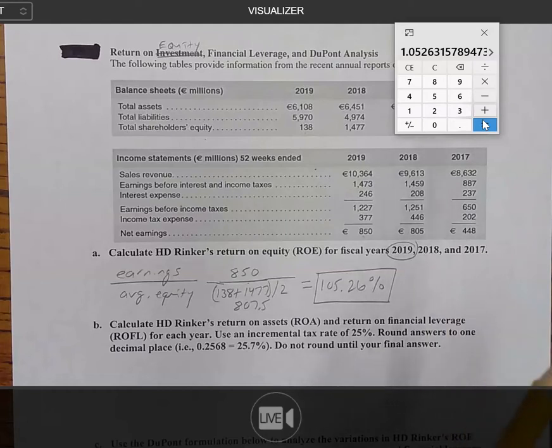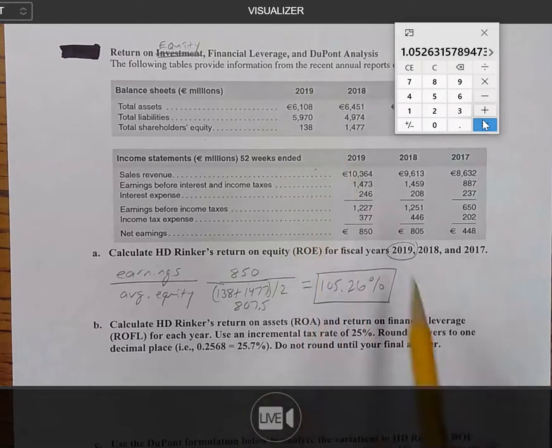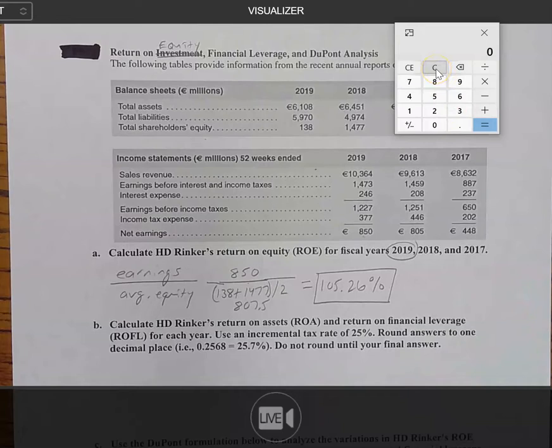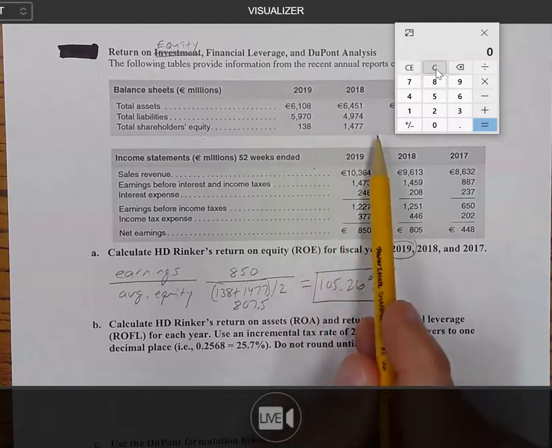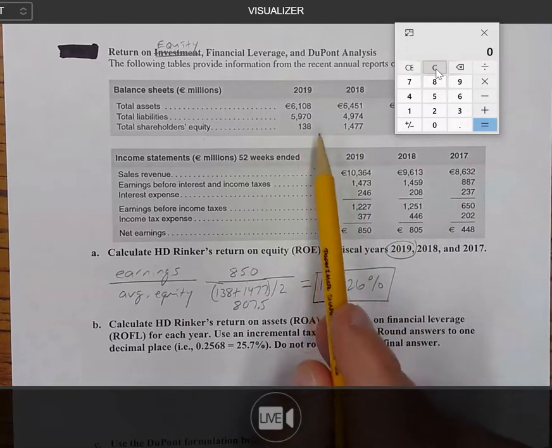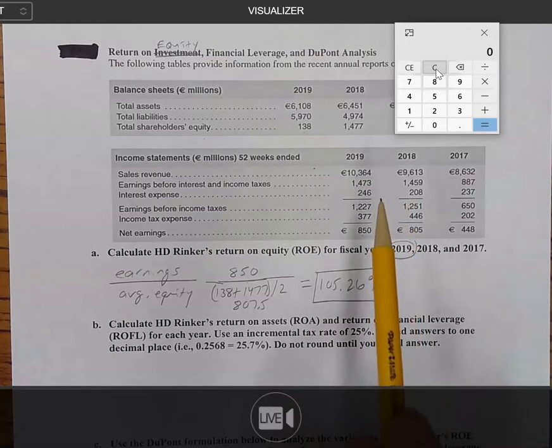But the real reason why this return on equity is so high is because the 2019 equity is really, really low. This can happen sometimes if a company pays out a lot of their earnings in dividends. And so notice the drop in equity from 1477 to 138. This is not normal. Equity generally goes up rather than down.